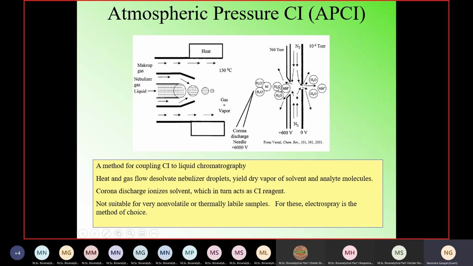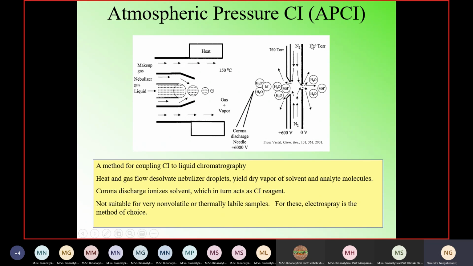In this portion, once the ions are formed, there is nitrogen continuously flowing through it. This nitrogen takes out some of the excess solvent molecules, and these are typically called curtain gases. Only the ions which are formed exit through this ion exit cone, because the next portion is a high vacuum portion, which is 10 to the power minus 6 torr.